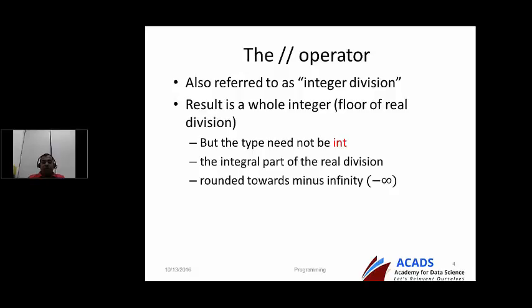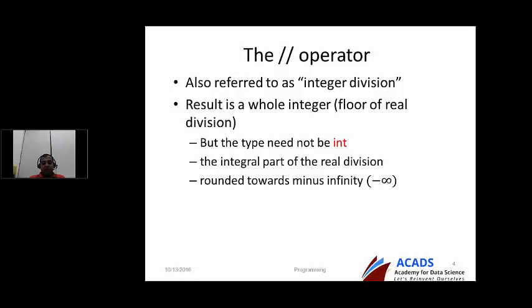The important thing to note is the result need not be of type int. If one of the arguments to integer division is a floating point number, the result will also be of type floating point. This is the integral part of the real division and it always rounds toward minus infinity.